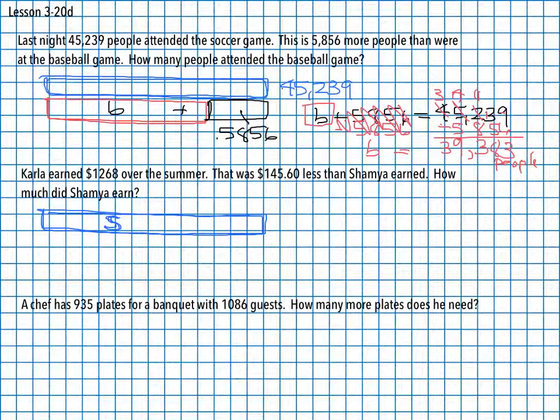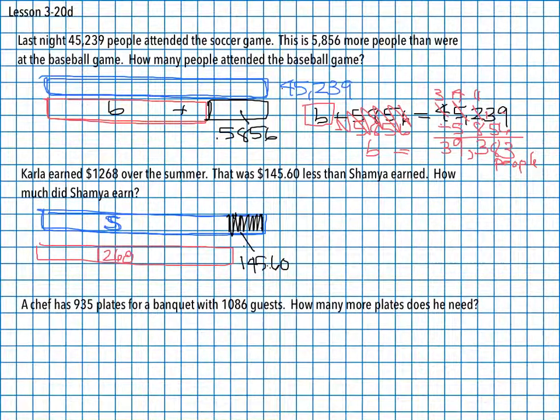But we do know that Carla earned this much, and this was 1,268. But we know if Shemaiah would have called in sick for a couple of days and earned this much less, which was $145.60, they would have earned the same.